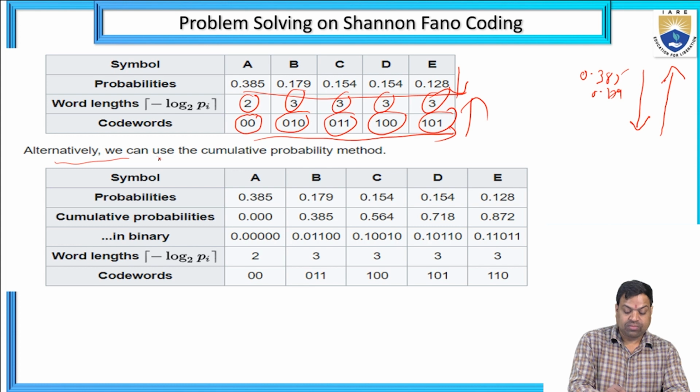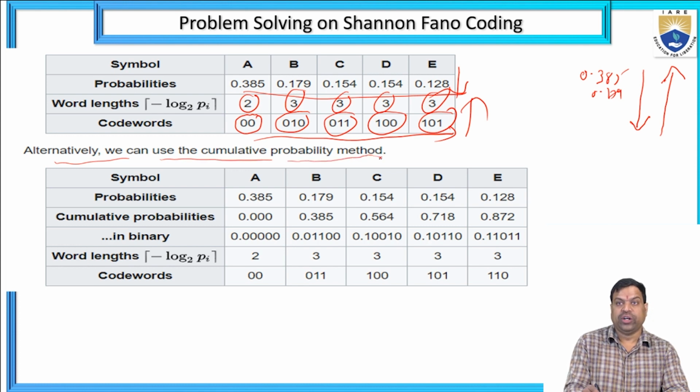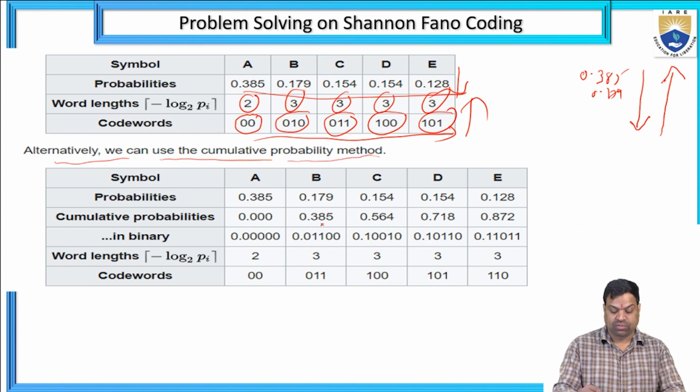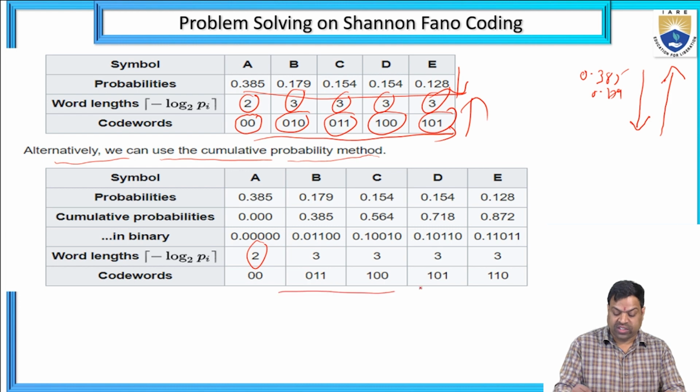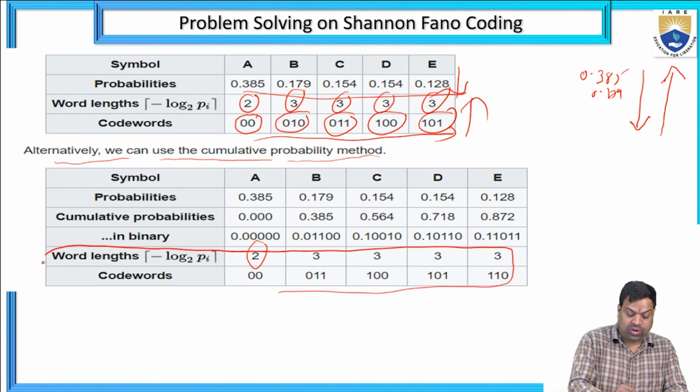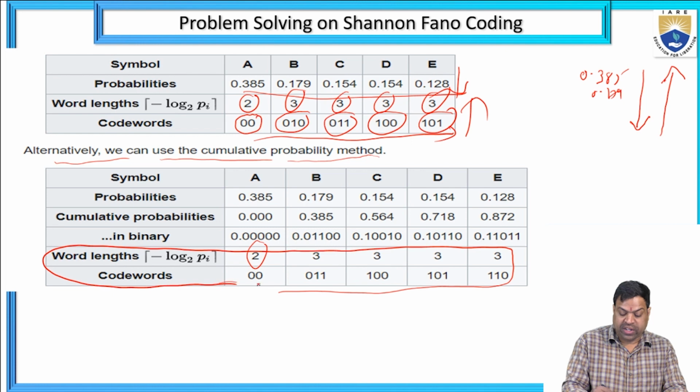Alternatively, we can use the cumulative probability method. When I use the code words like this, the code word and code length in binary, what is happening here? 00 means 0.00, 011 means 0.011, 100 means 0.100, 101 means 0.101, 110 means like this.